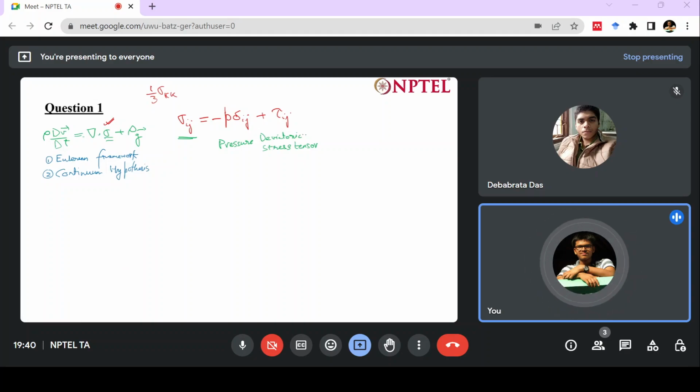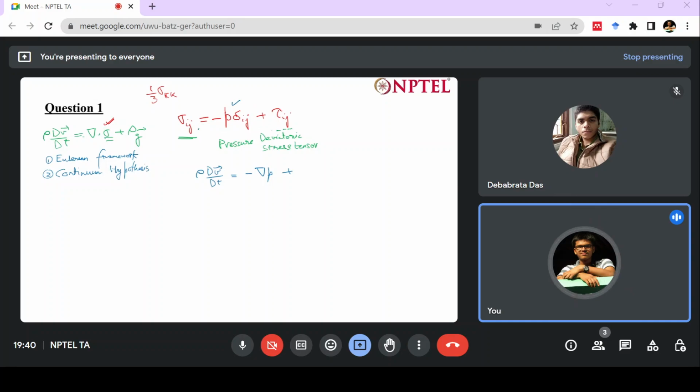Also, this tau ij for fluids can be broken down again. But let's first focus only on this and not complicate it too much. If we just substitute this here, we get dV/dt equals minus grad p, plus, the minus grad p is coming from this first term.